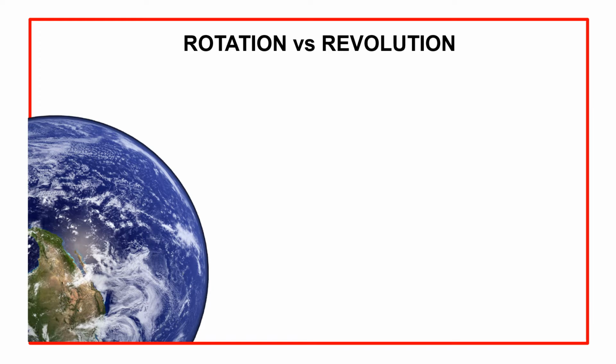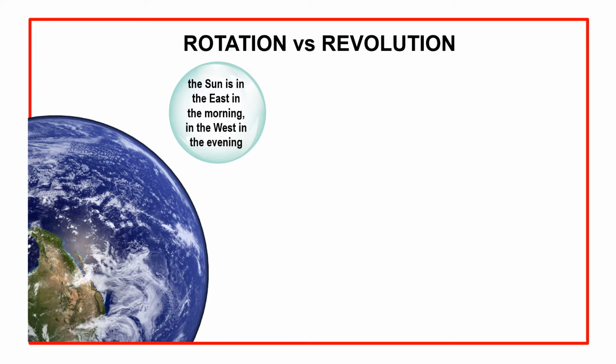I have here some bubbles of statements. Now, what I want you to do is to identify each statement, whether it refers to rotation or revolution. To start with, we have the first one. The sun is in the east in the morning, in the west in the evening.